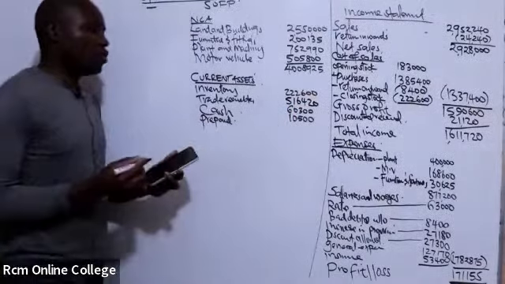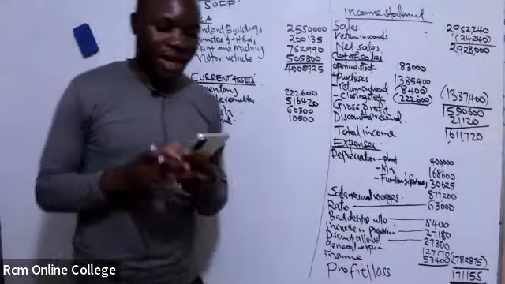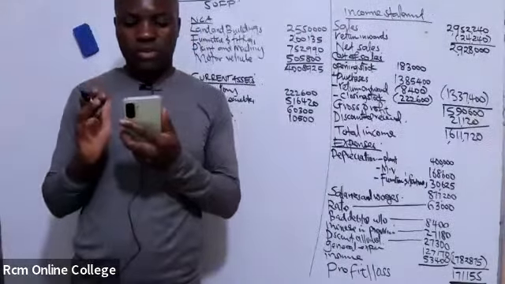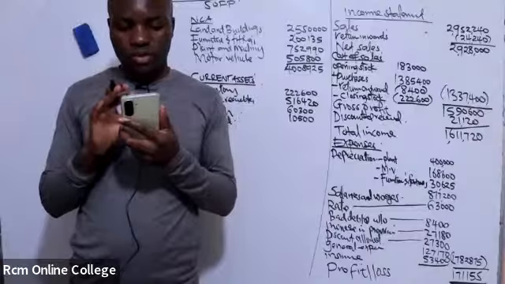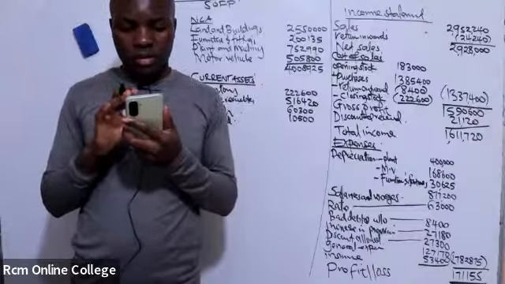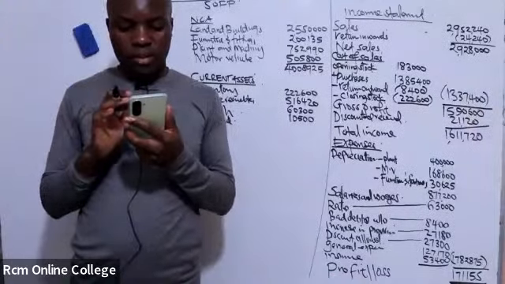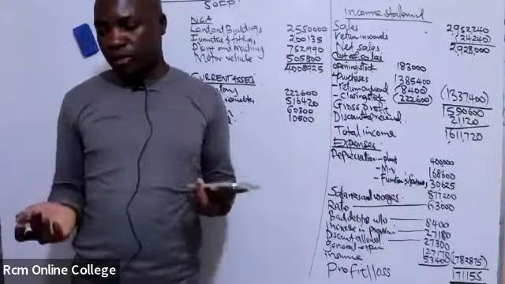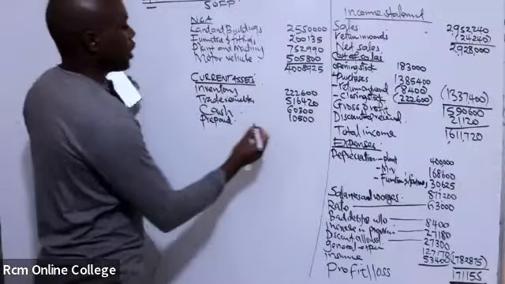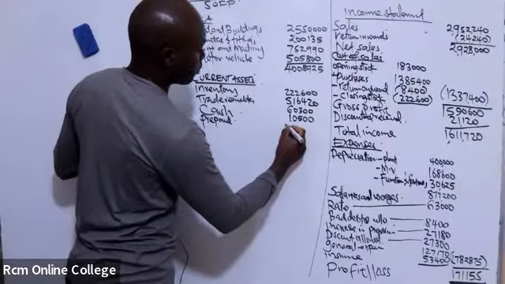516,420. Good. Do we have any current assets that we have not captured? The inventory we have captured, so let's look at the debit side again. Bank overdraft is a liability. So we have captured all of them. Can we get total current assets?